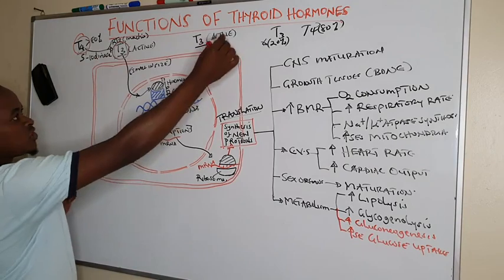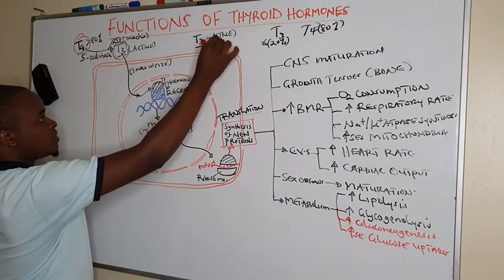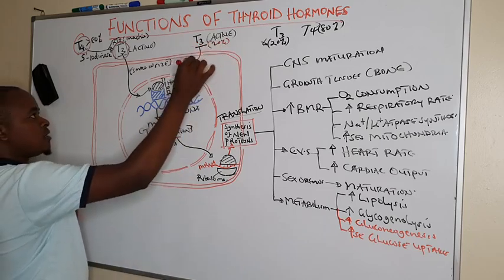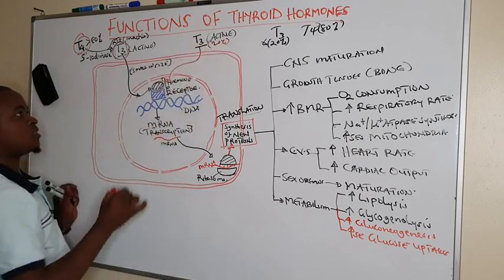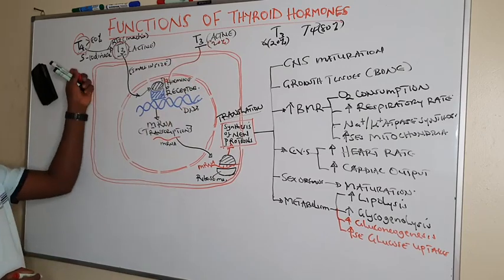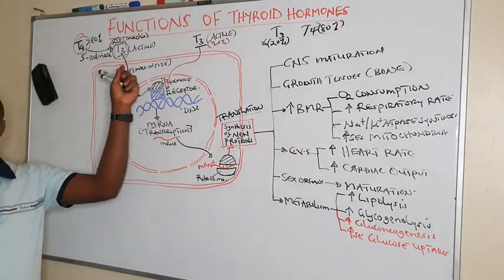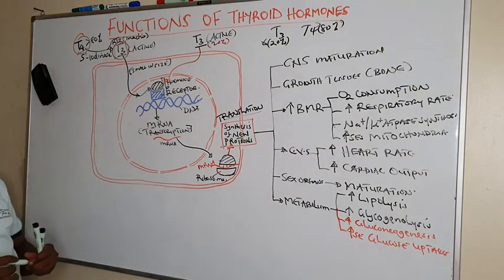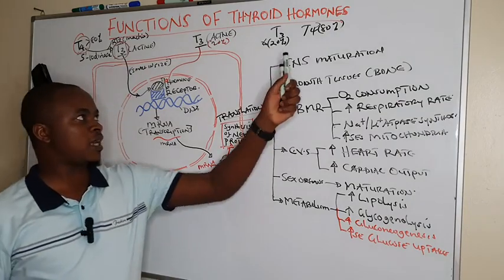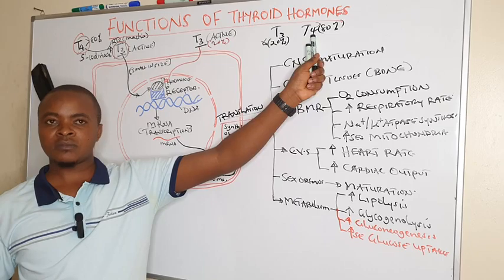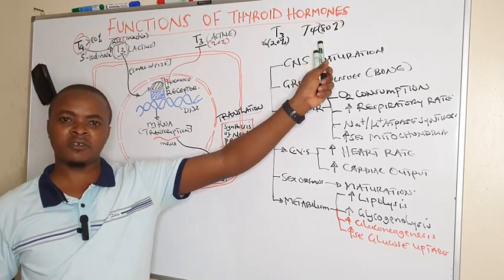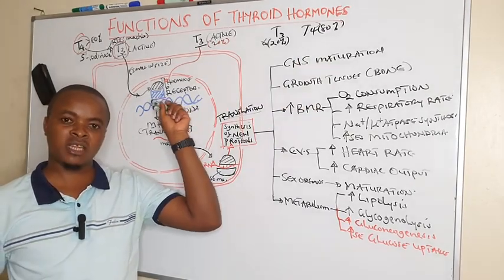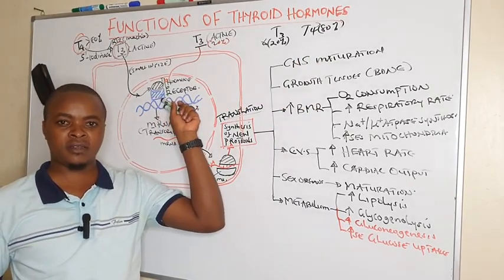Then the T3 which is already active, the 20% which is produced from the thyroid, comes directly and binds to its receptor. The T4 is first converted to T3. In other words, if the thyroid produces 80% T4, this 80% of T4 is first converted to T3 in the peripheral tissue, majorly the liver and the kidney.